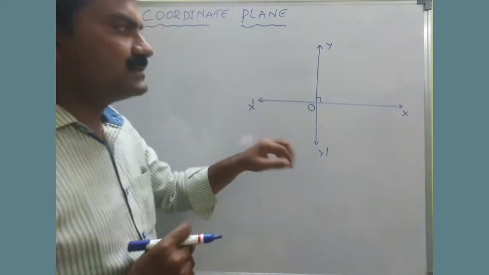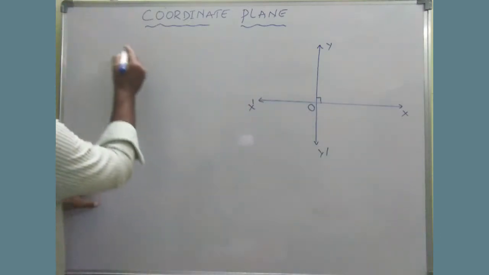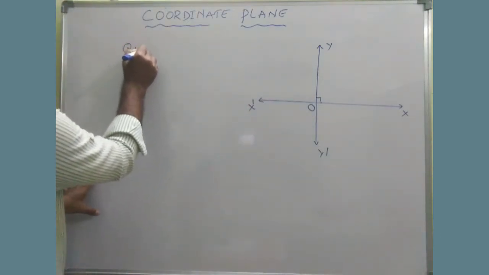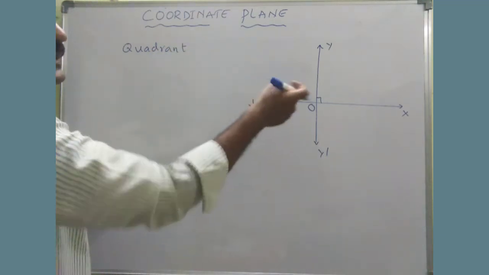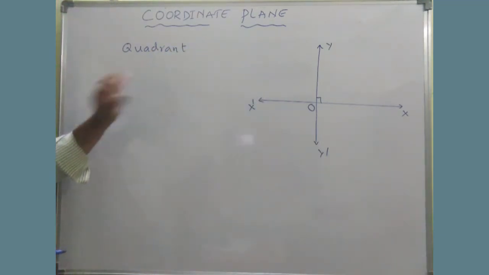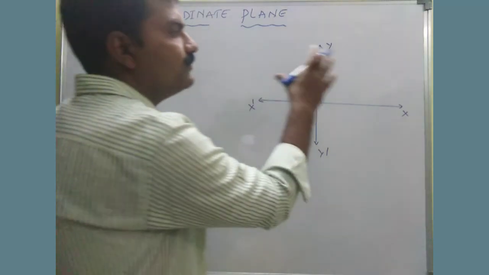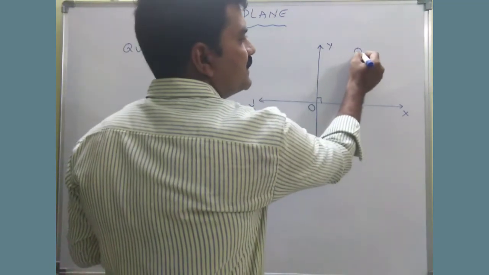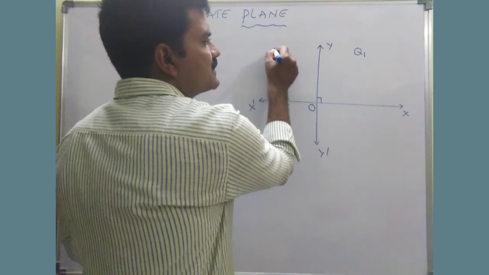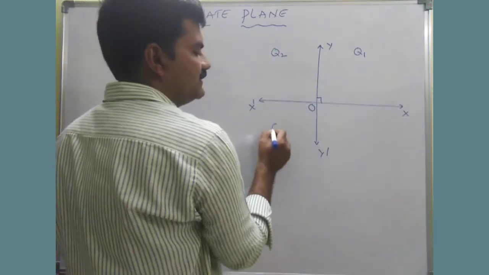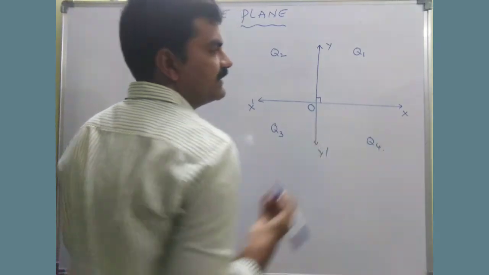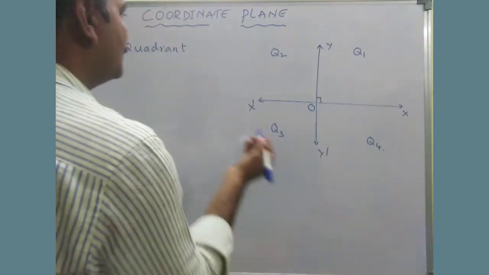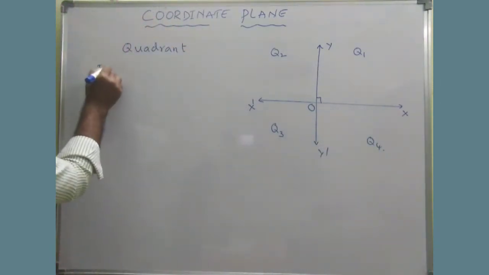So each part, 4 parts, no? Each part is called a quadrant. A quarter part is nothing but a quadrant. So now there are 4 quadrants. Let this be the first quadrant, this is the second quadrant, the third quadrant, and this is finally the fourth quadrant. Can you tell me what the first quadrant represents?